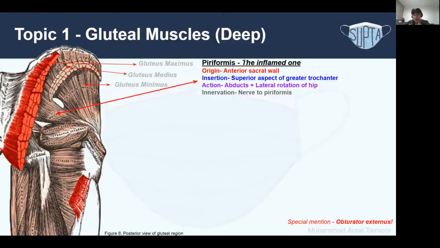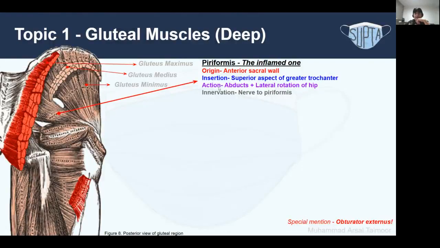I don't know if you've heard of that, but it's when the muscle becomes inflamed, particularly the tendon, and because of what structures go underneath it, can cause pain. We'll see that in a moment. I want you to try and guess what nerve travels near this muscle that can cause that pain in the buttocks, and then think about why you get that issue in the first place.